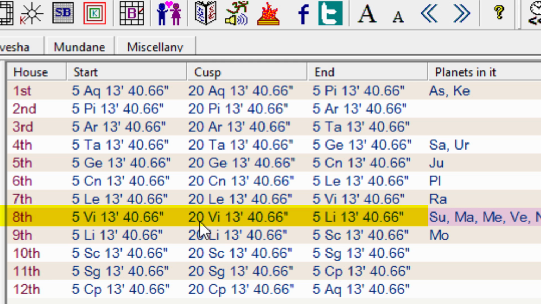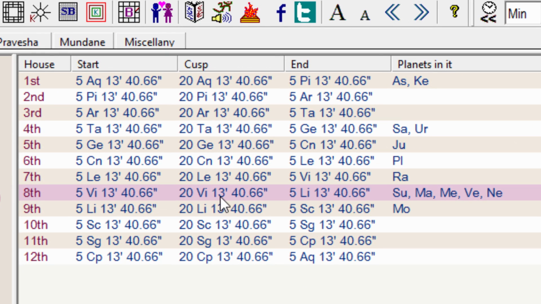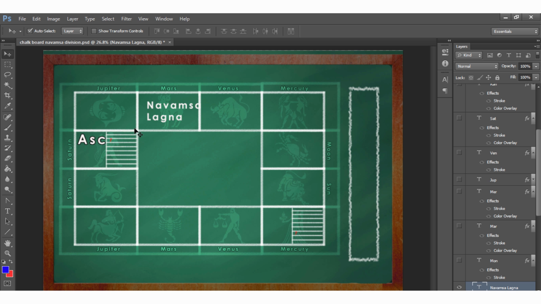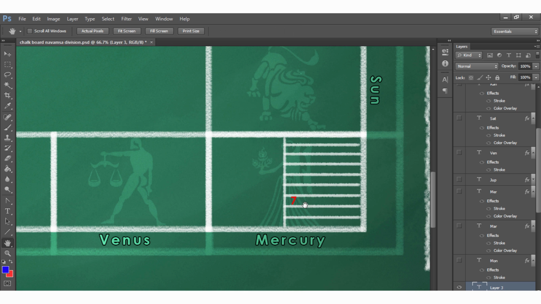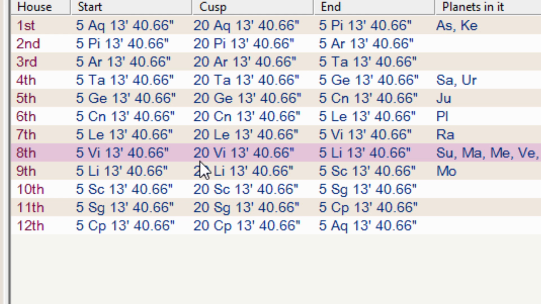This exact point over here is the 64th Navamsa, because this is what you get if you add 210 degrees to 20 degrees Aquarius and 13 minutes. So the 64th Navamsa is over here. Let's zoom in. So you find this is 20 degrees and 13 minutes.